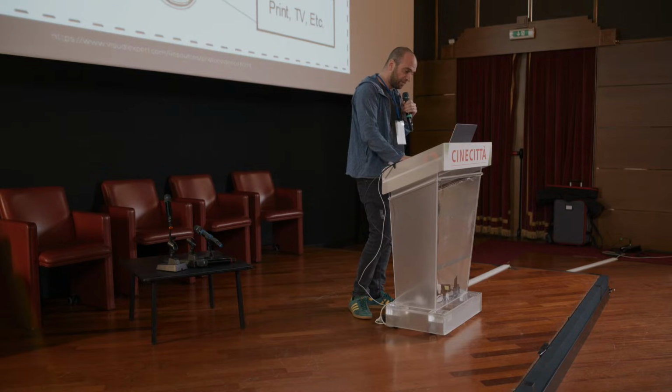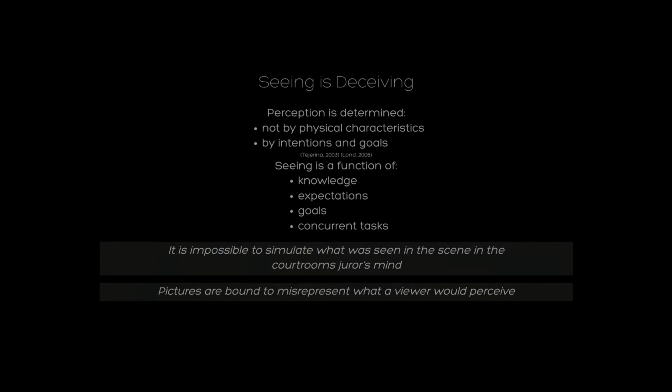So seeing is deceiving, actually. Perception, when you look at an image, is not determined by the physical characteristics. It's not about saying, I measured this spectrum and this XYZ value, and if I replicate this on an image, I will get the same perception of the scene, because an image lacks many things. The perception is determined not by physical characteristics, but by the intention and goals of the observer.